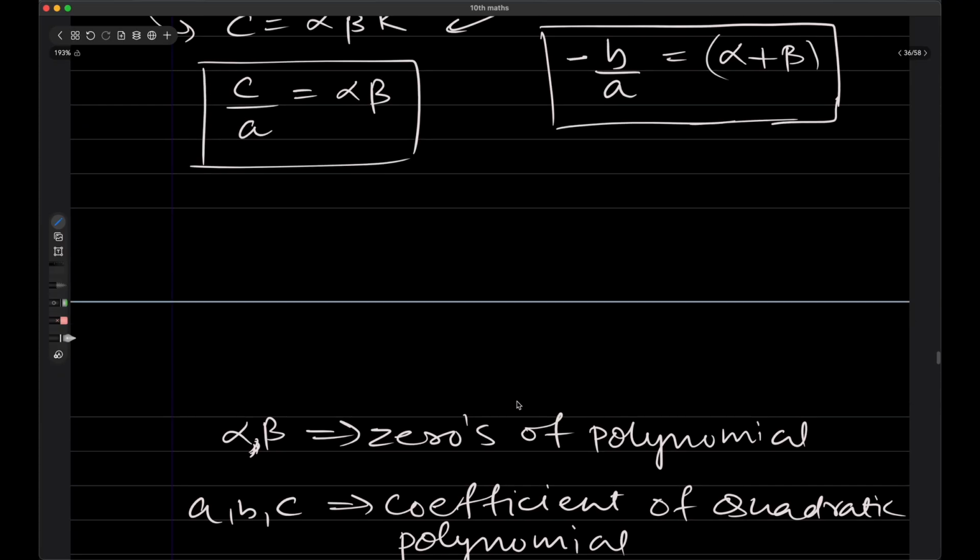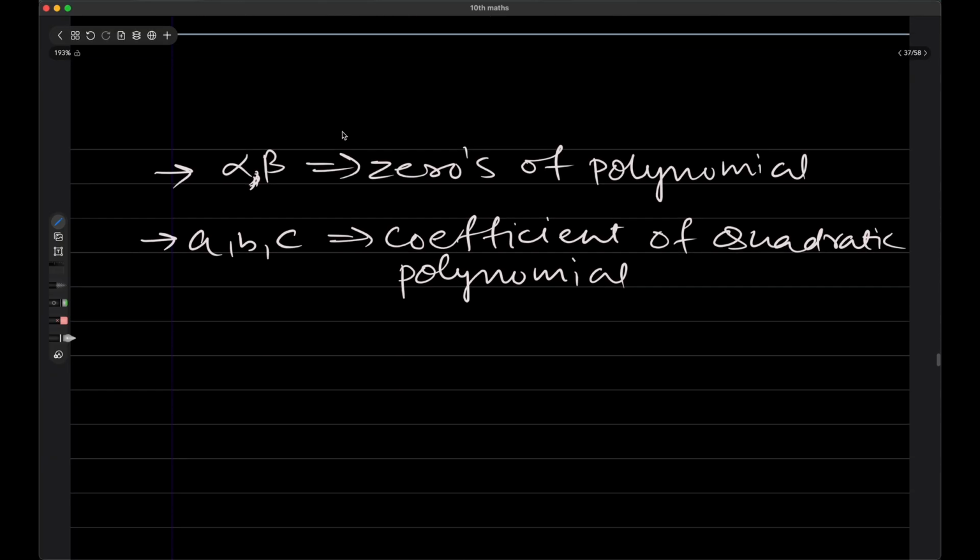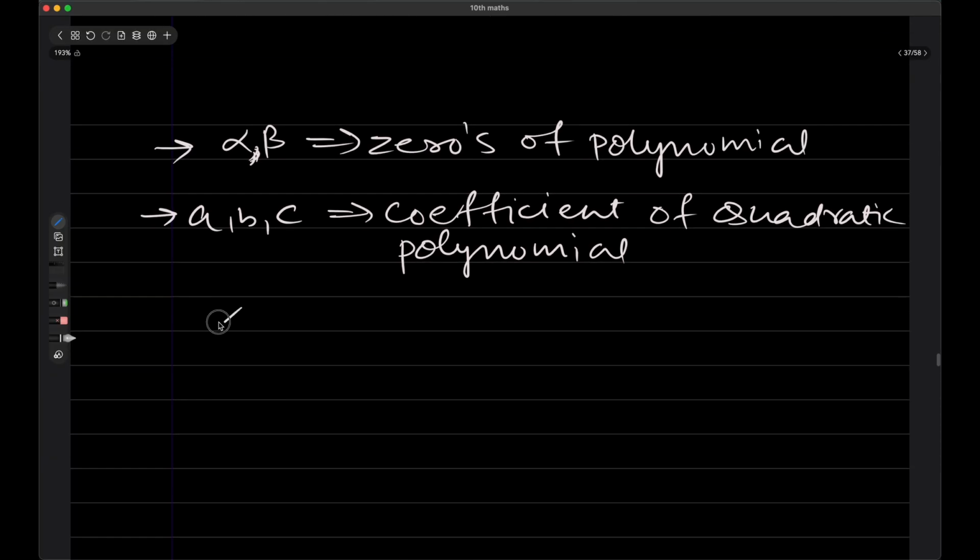I will get the relationship between coefficients and zeros of the polynomial, that is, the product of zeros of the polynomial equals c by a, that is alpha beta equals c by a, where c is the constant term.